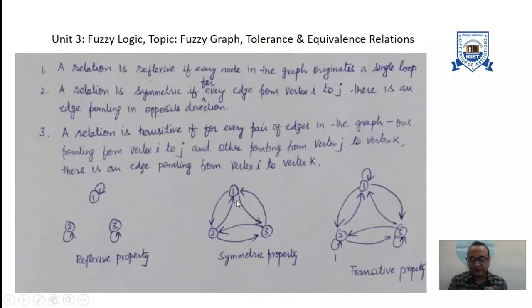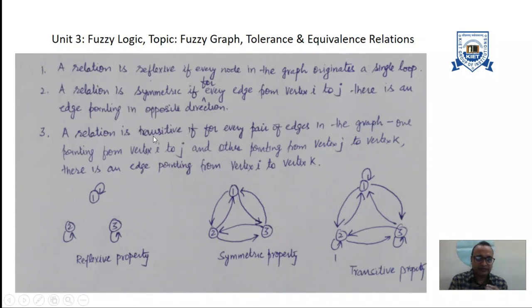If x1 is related to x3, if x1 has some kind of connection with x3, then x3 must have the same kind of connection with x1. If so, then your relation is fulfilling the symmetric property. And if it holds in general for all, then we can say that the relation is symmetric in nature.